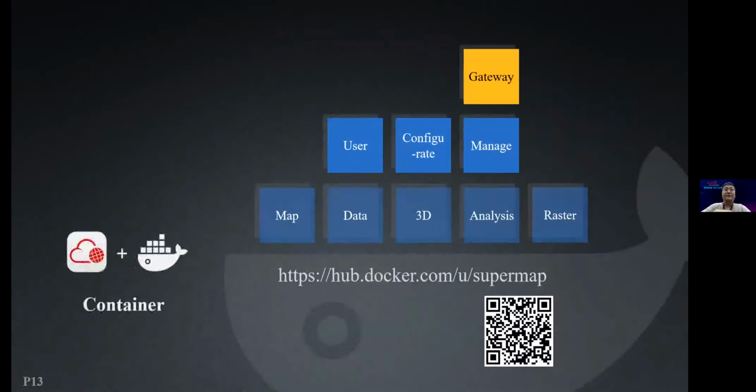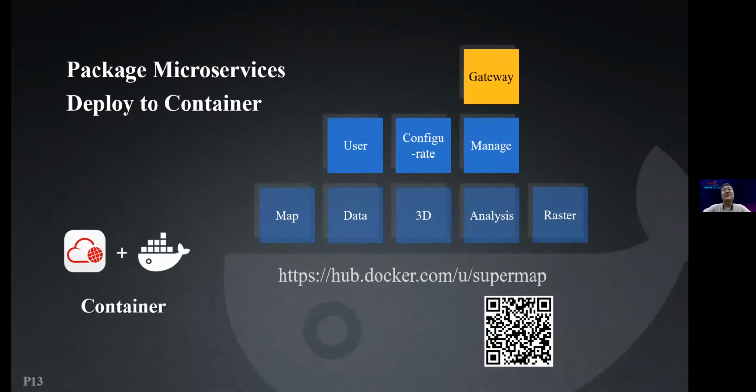Then after we divide the GIS server into independent GIS services, we need to use containers to contain all of these microservices. In this part, we choose Docker as the container of GIS service. You can visit the Docker website, hub.docker.com, and find SuperMap product images and download them from this website.